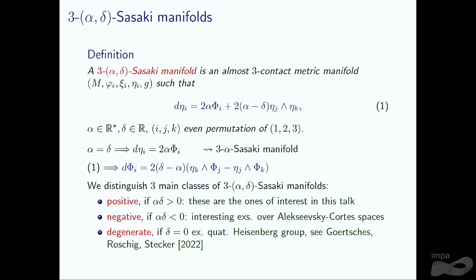Because we're requiring that d eta_i is equal to 2 alpha phi_i with the same constant alpha in all three situations, plus twice alpha minus delta eta_j wedge eta_k, where the etas are the dual one-forms of the Reeb vector fields, remember?